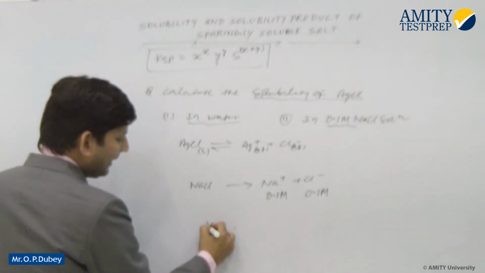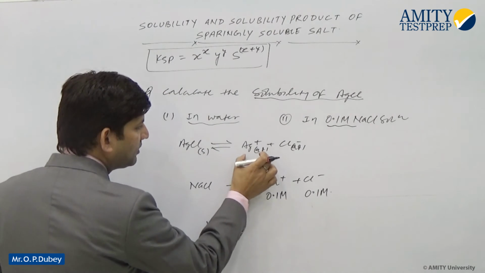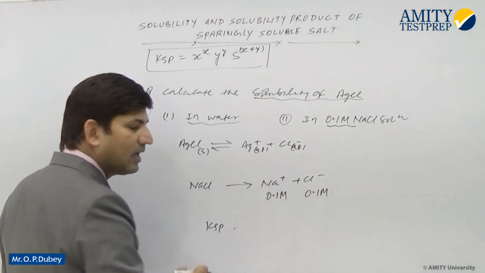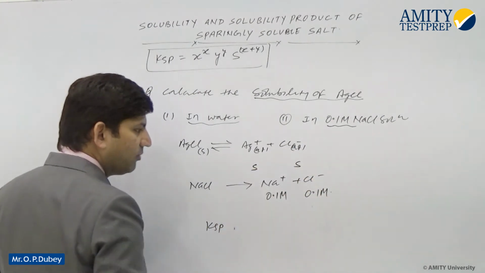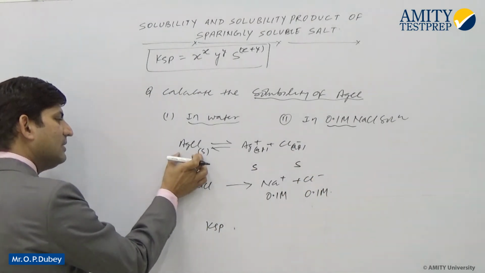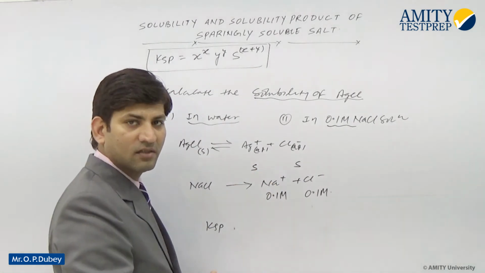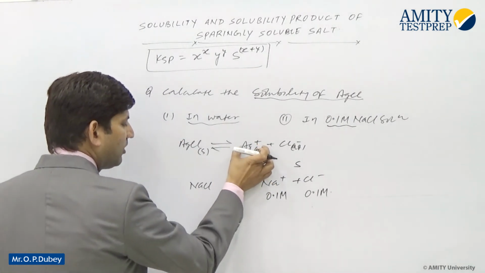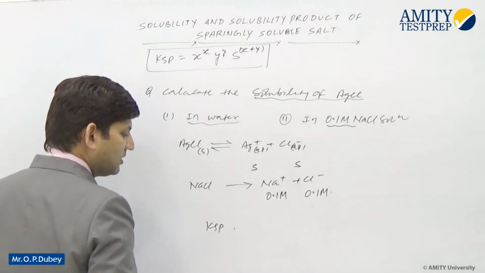Now the expression for the Ksp. The concentrations of Ag+ and Cl- at equilibrium are S and S, because we are assuming that the solubility of AgCl in NaCl solution is S moles per liter. That means the concentrations of Ag+ and Cl- are S and S moles per liter.